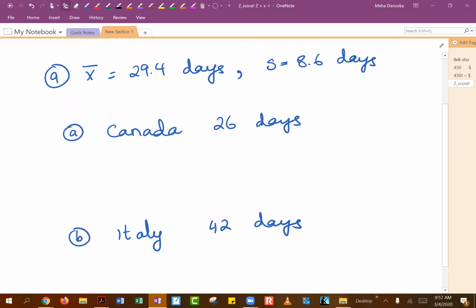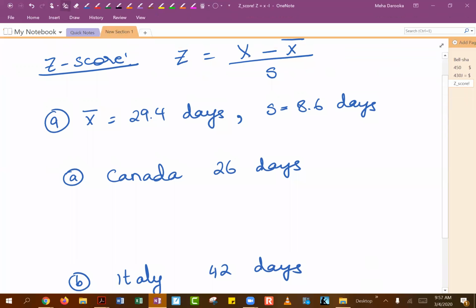So again, US is 13 days, since you can't see that part on the screen right now. Again, your formula for Canada z-score will be data value minus the mean, and that entire thing divided by standard deviation.